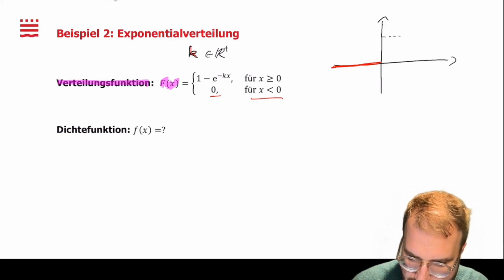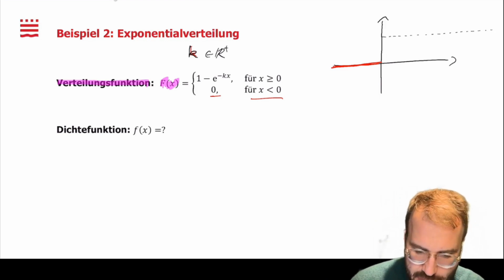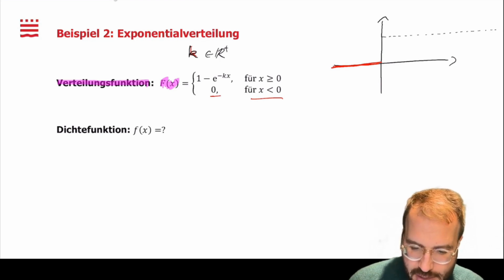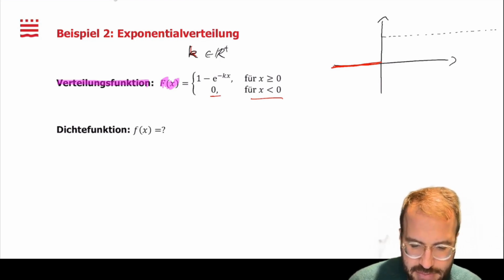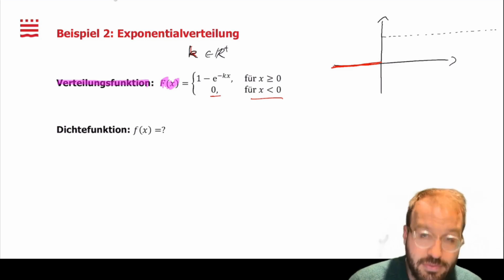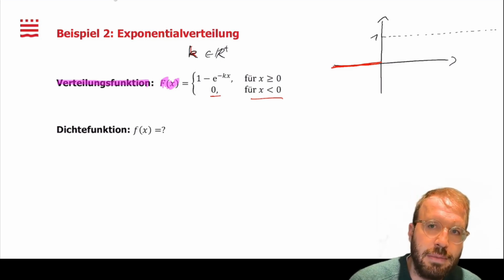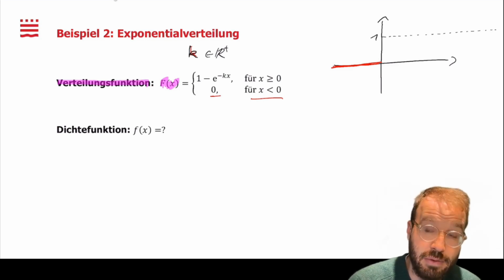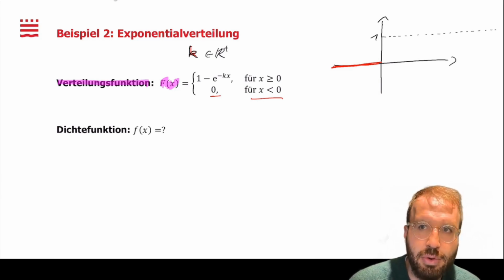So, let's assume k is a positive number. Okay, that means we have an asymptote at 1. That's good because we want that. Exactly, a distribution function has the property that it approaches a limit of 1 at infinity.